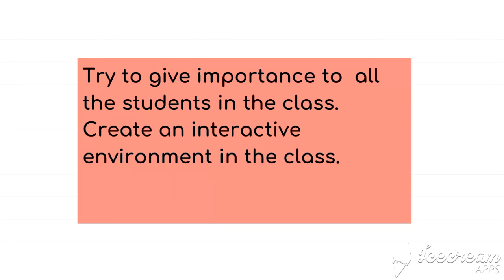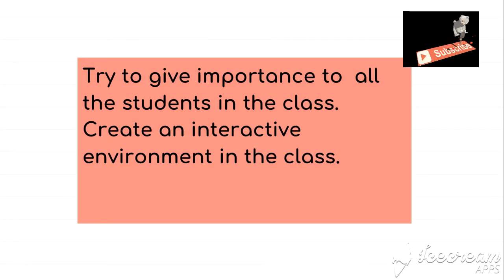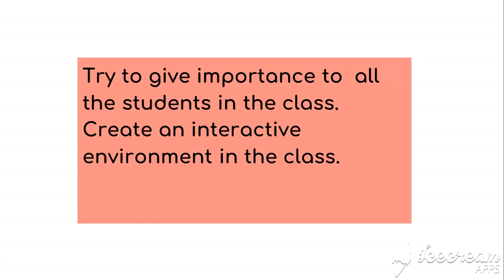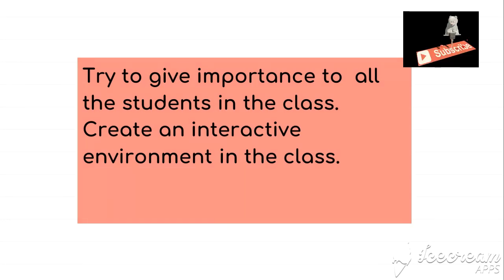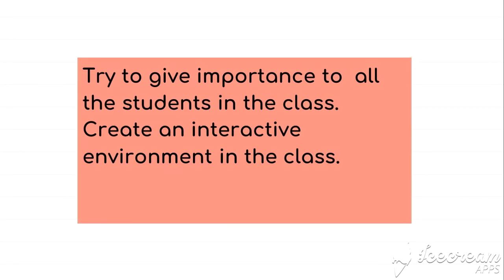In the same way, the younger children whom we handle are very sensitive to this particular point. It is very necessary that each student should think the teacher is giving importance to them. When they think like that, definitely their thought process varies with the subject and the class you take, and automatically they get motivated towards you and towards your class. So this is a simple tip that I like to share with you all.